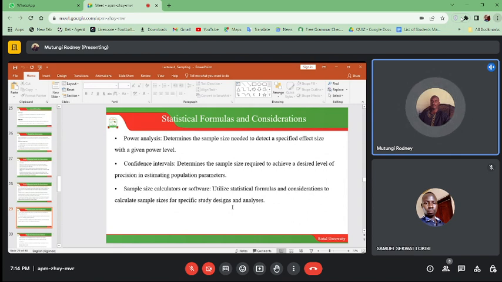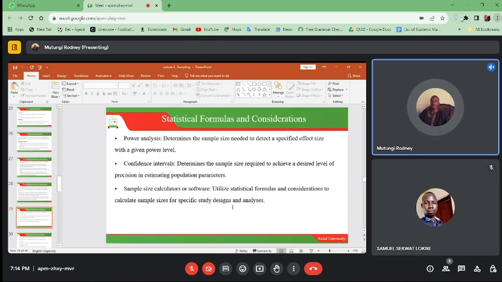Then the confidence level utilizes those percentages that I showed, and sample size calculators or software generally utilize statistical formulas and considerations to calculate sample sizes for specific study designs and analysis.